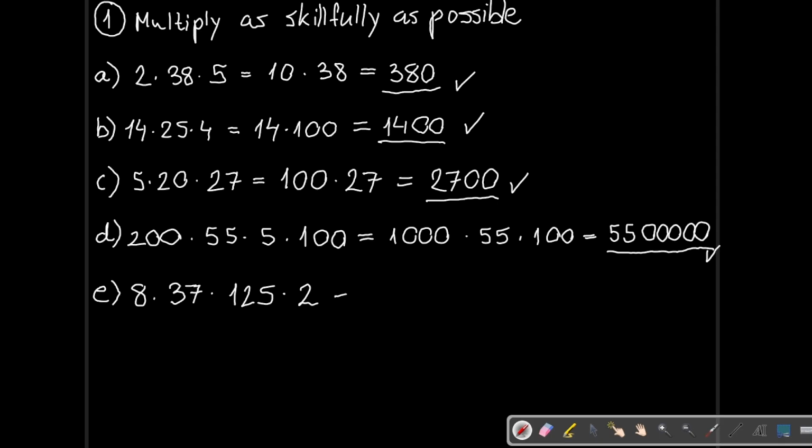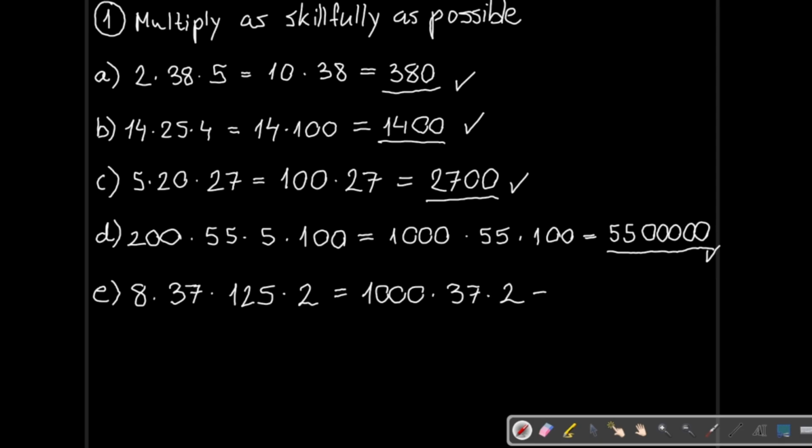So once again, we want to get a number that is either 10, 100 or 1000, a multiple of 10. And looking at these numbers, if we multiply 8 and 125 first, that gives us 1000. So we have 1000 times 37 times 2.